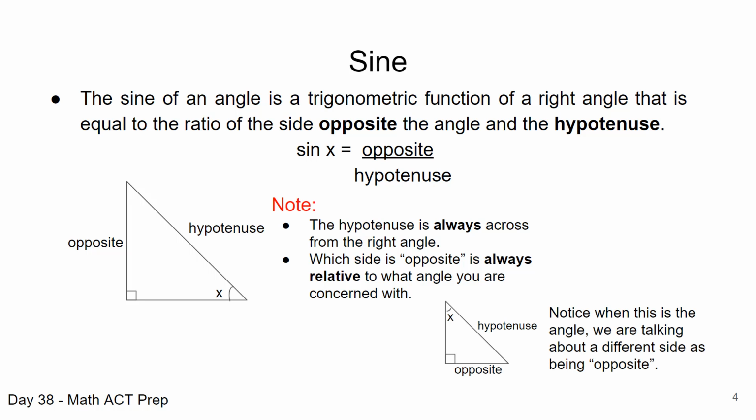But we can have another triangle, in the case here in the bottom right hand side, where x is our upper triangle that we have labeled, and the opposite side length is different from the one we had labeled previously, but it's all relative to whichever angle we're talking about. So sine is opposite over hypotenuse.